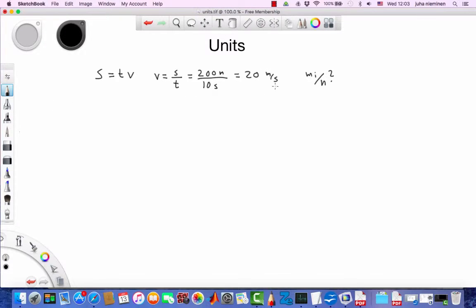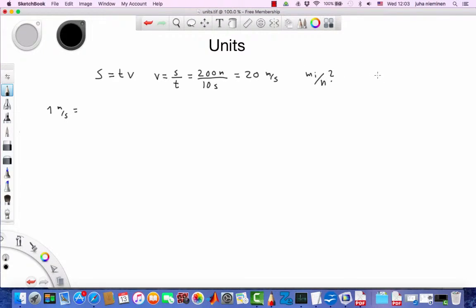So for generality, instead of having this 20 meters per second, let's see how much is 1 meter per second in miles per hour. So how do we start? So the problem is that we have meters here when we want to have miles, and seconds instead of hours.